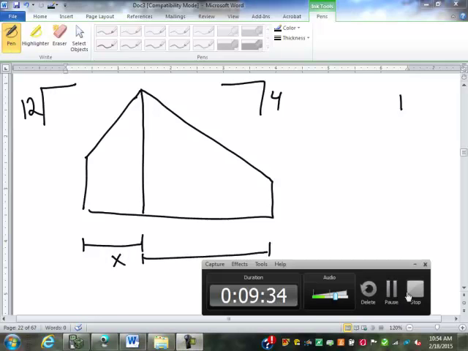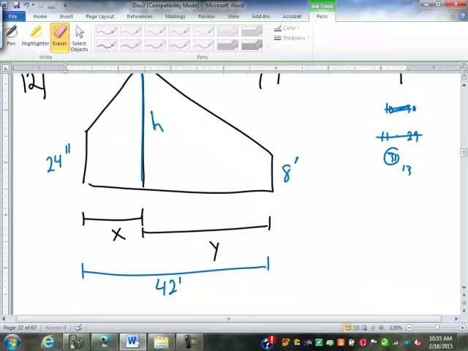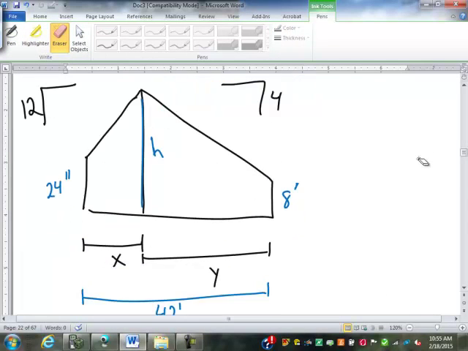X and Y. What do we have? I'm going to have you find the height and X and Y again in this one, where we have a heel on each side. 24-inch heel here, 8-inch heel here, 12-12 and 4-12 slopes, X and Y, a total span of 42. See what you come up with.